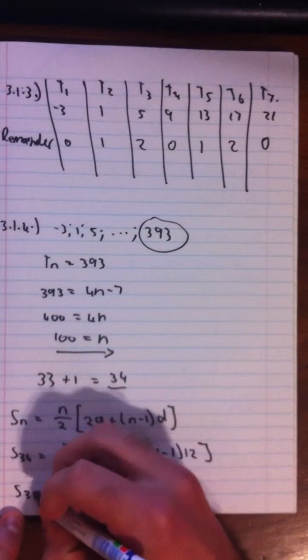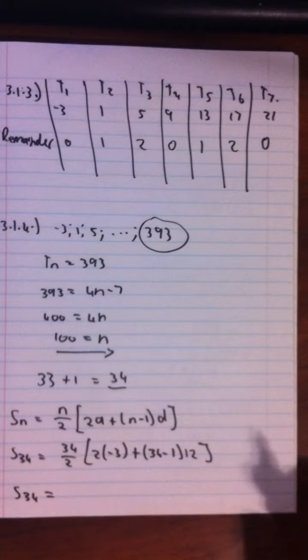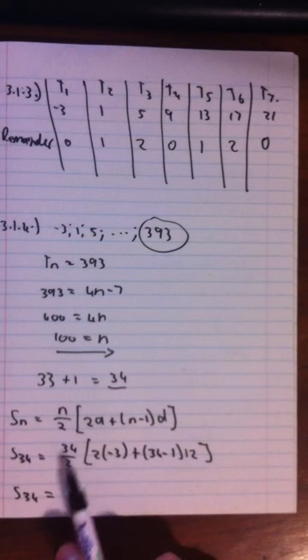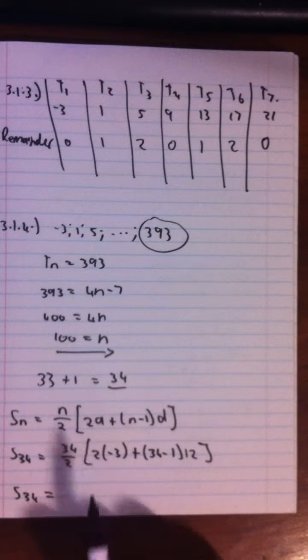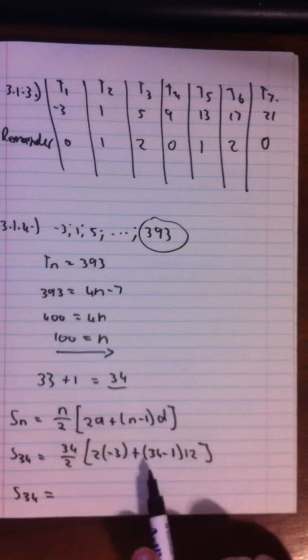Okay. The sum of the first 34 terms is equal to, if you calculate that, 34 over 2 is 17, and that becomes -6.